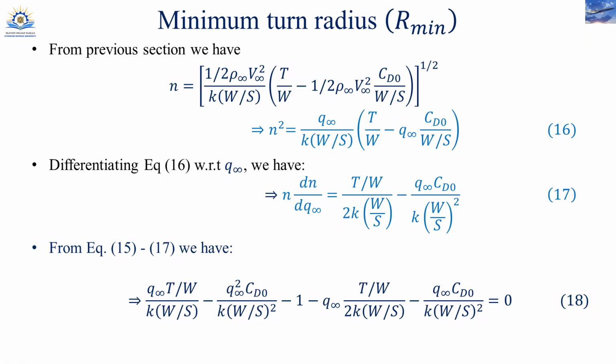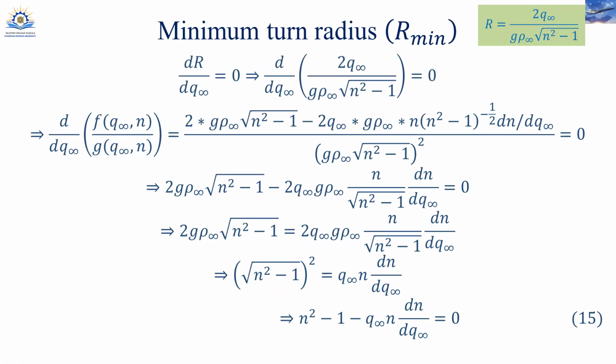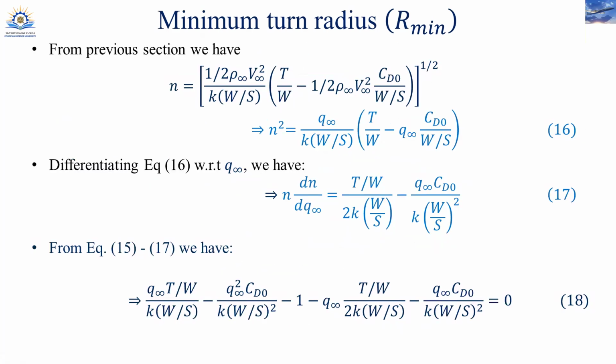So now, instead of n dn/dq, you can substitute that equation again. Instead of n square, you can directly apply the n square there. So apply 16 and 17 to this equation.